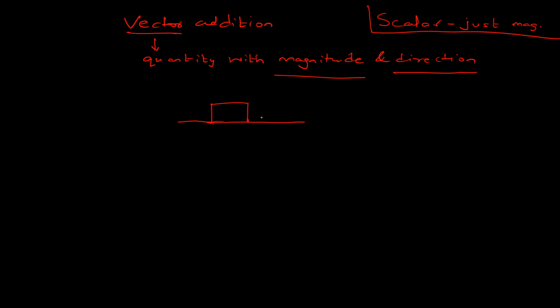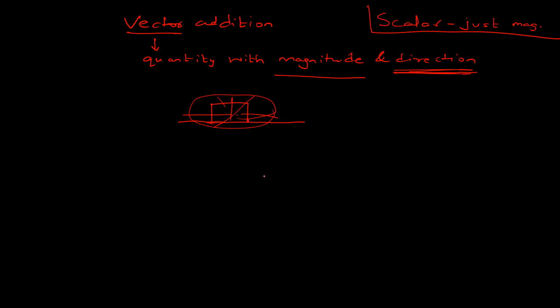If I just ask you to move the box, there are n possible directions that you can move in. This whole 360 degrees. So many possible directions. So which direction? That's the question. So this quantity, direction, is important.